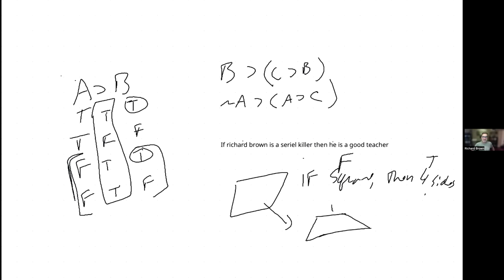So this is this line of the truth table. So what do we say? Well, it seems like it should be true that if it's a square, then it has four sides, even though this particular thing that we're talking about turns out to be not a square. So it does seem as though there are cases where material implication is the right way to analyze indicative conditional statements. And then there are these other cases where it seems really weird to analyze them that way.